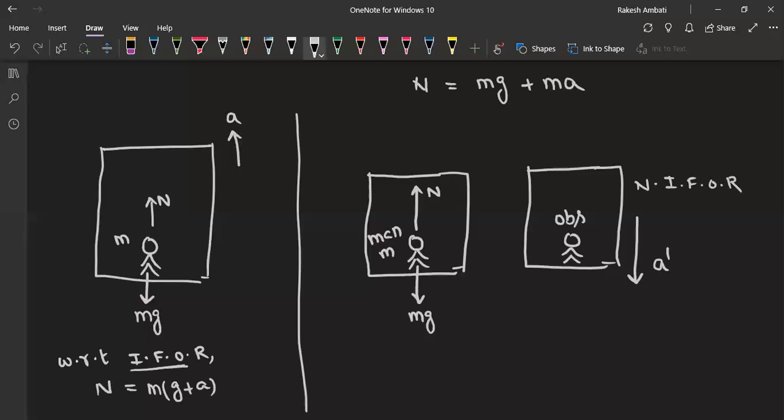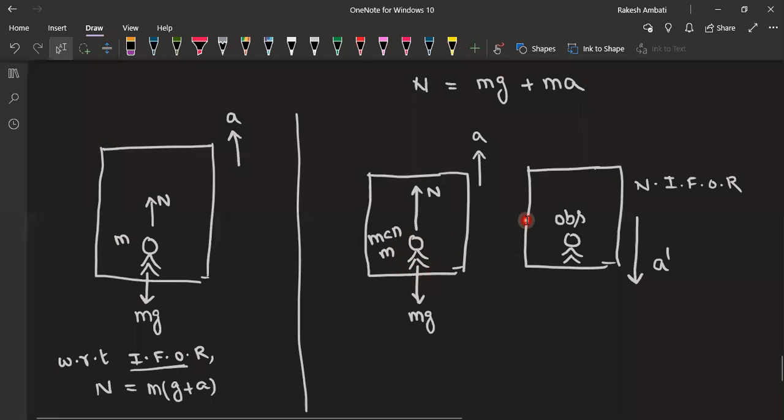Now with respect to the non-inertial frame of reference, in the case of the man, along with real forces, we have the pseudo force. Now you please answer. For this non-inertial frame, what is the acceleration? A dash. If the acceleration of the non-inertial frame is a dash, what is the direction of the pseudo force acting on the man?